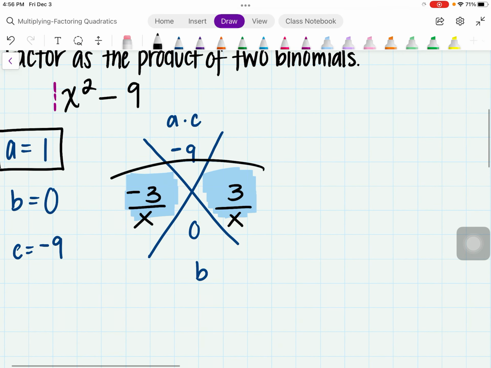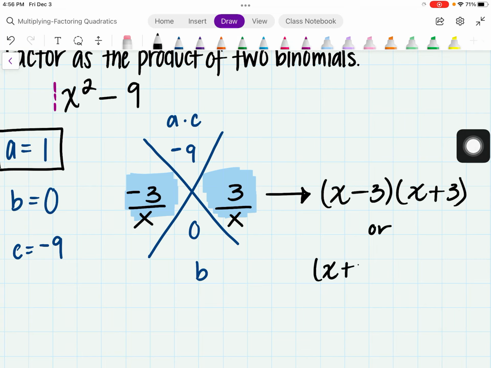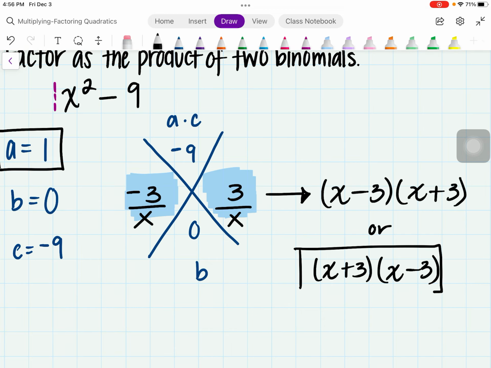So our final answer here should be as follows. x minus a 3 times x plus a 3. Or, because you could rewrite this in a different way, it could also be x plus a 3 times x minus a 3. All right, and that's our answer for that first one.